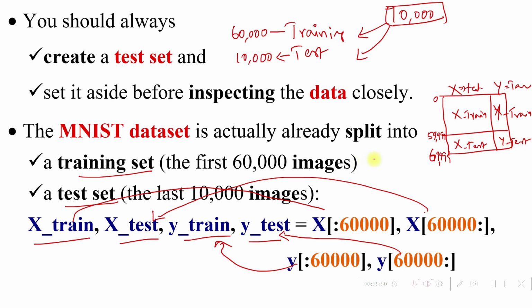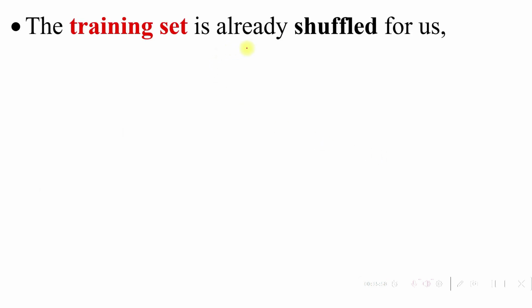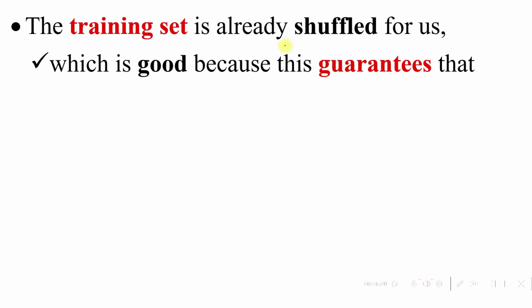Like that, we assign all 70,000 images for the training and testing purposes. The training set is already shuffled for us.